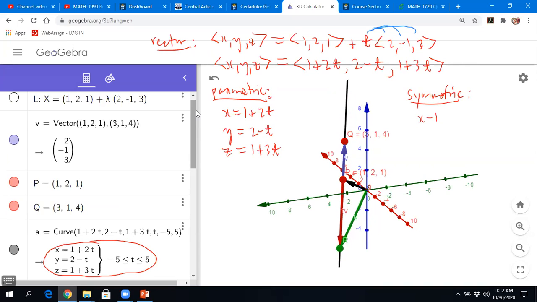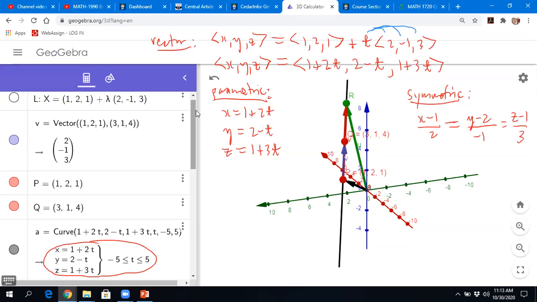X minus 1 over 2 equals T, which is also, okay, what do I get if I solve Y? Solve the Y equation for T. Y minus 2 over -1. And what if I look at the z equation?